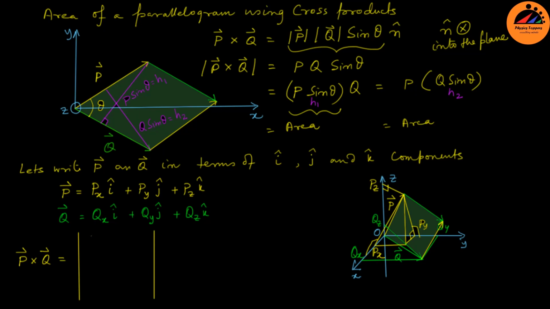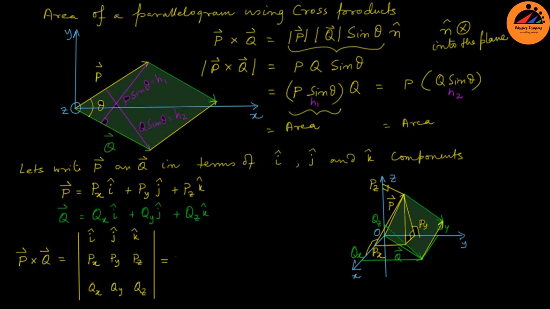This is a prerequisite. So i cap, j cap, k cap, then just write the components Px, Py, Pz, Qx, Qy, Qz, right? Then this determinant is basically the cross product.